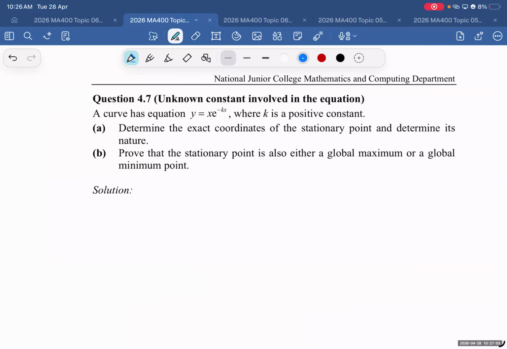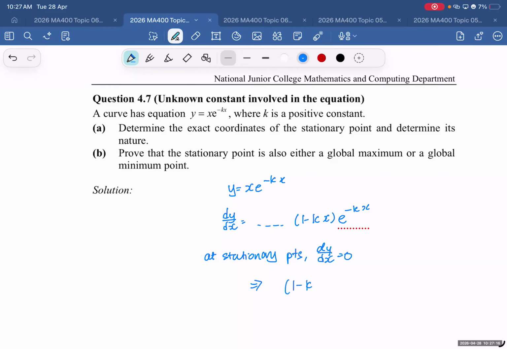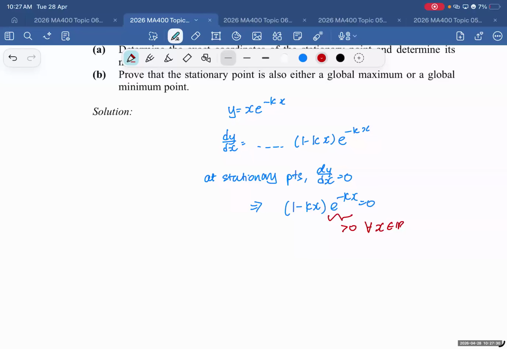I just write it like that, e to the power minus kx. When you equate to 0 at stationary point, write this down. At stationary points, dy/dx is 0. That means I need (1 minus kx) e to the power minus kx is 0. You know that e to the power minus kx will never be 0. This is more than 0 for all x in R. Therefore, you have 1 minus kx equals 0, which is kx equals 1, which is x equals 1 over k. Okay, so far?